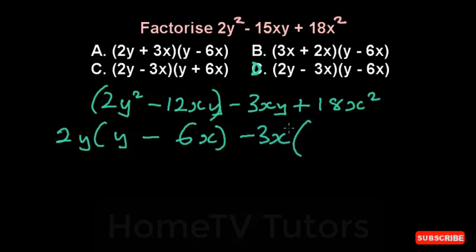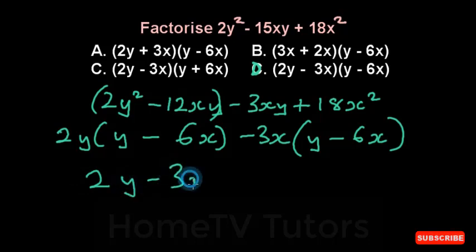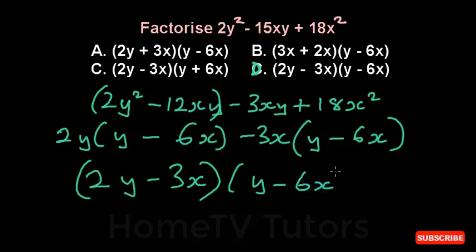In the bracket we're left with y minus 3x, and in 18x squared we're left with minus 6x. So now we have 2y minus 3x, then the common term and the 2, which is y minus 6x.